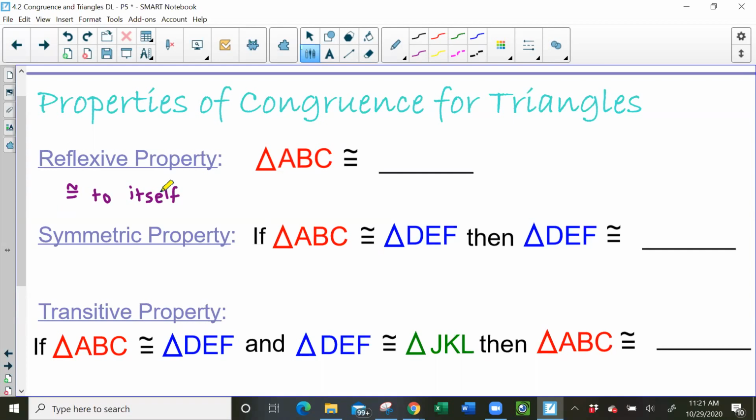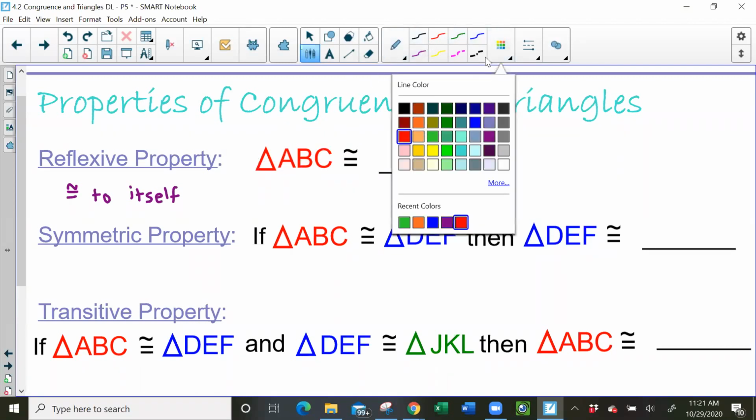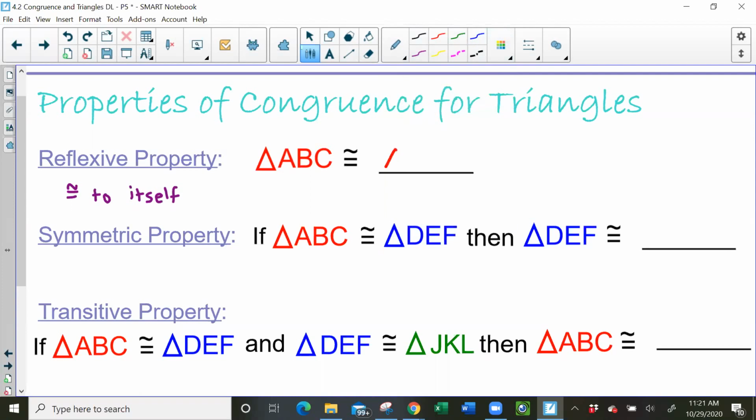You don't see a picture of your friend. You see the reflection of yourself. So the reflexive property, triangle ABC, is going to be congruent to itself, which is triangle ABC. So that's what the reflexive property is. It's always congruent to itself.